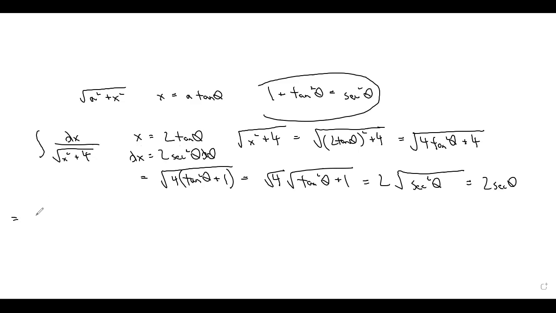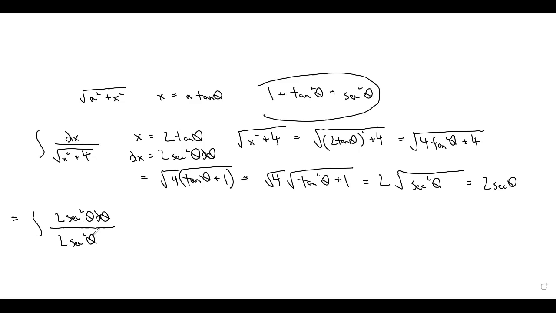So on top is dx, so that is 2 secant squared theta d theta. And then at the bottom, the whole square root we figured out was 2 secant theta. Ooh, that's really nice. Some nice cancellation there.